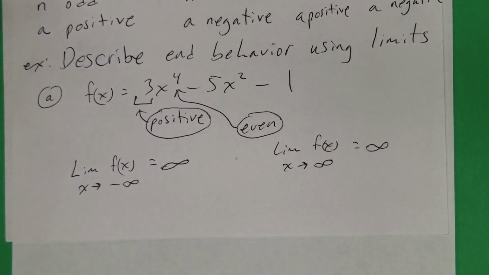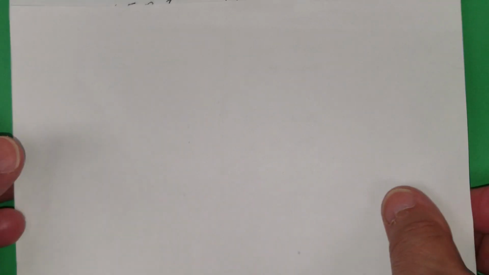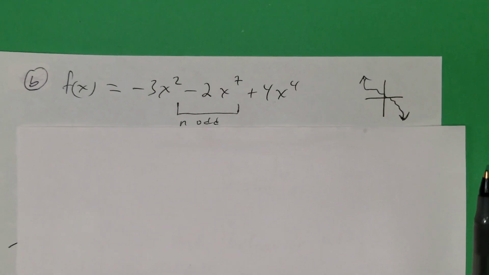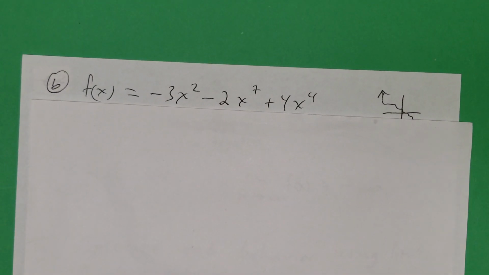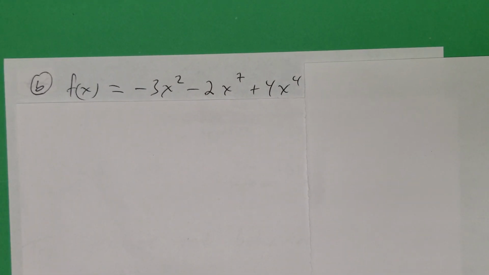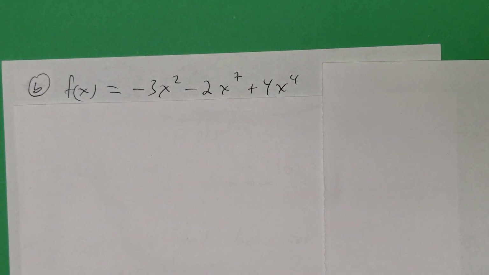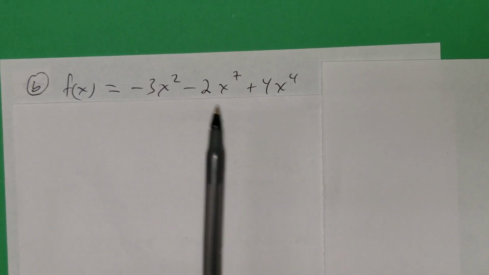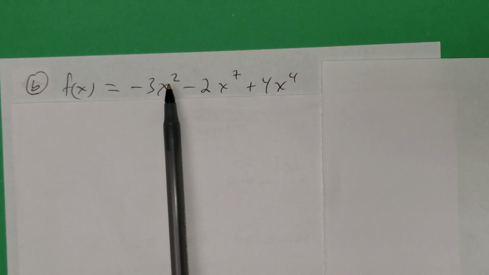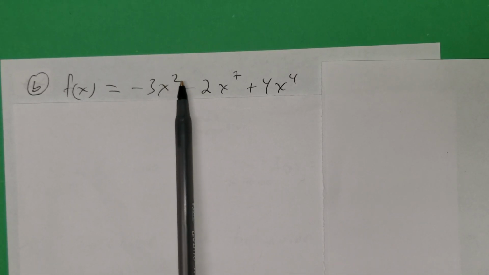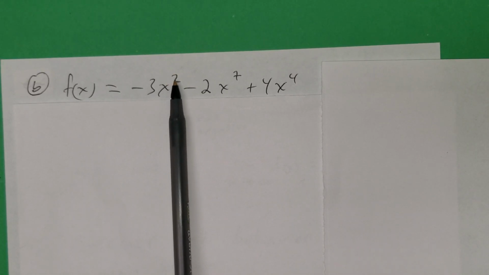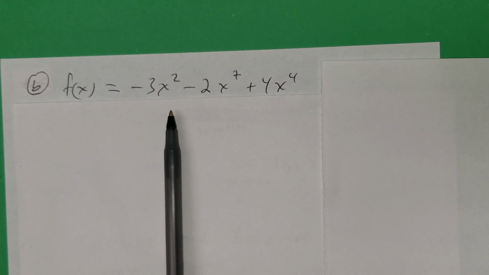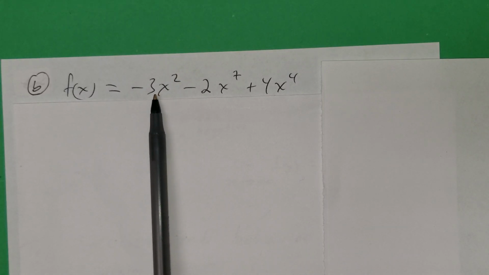All right. So what I have here is another example. Let's look at this one. This one has an even power. Oh, wait. This is not the highest power, right? This is a degree 7 polynomial.